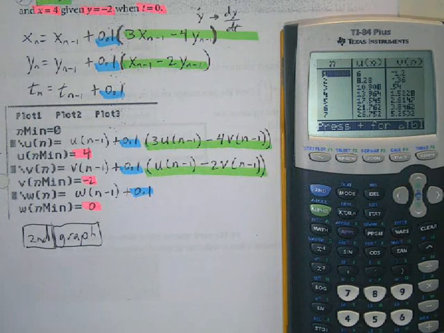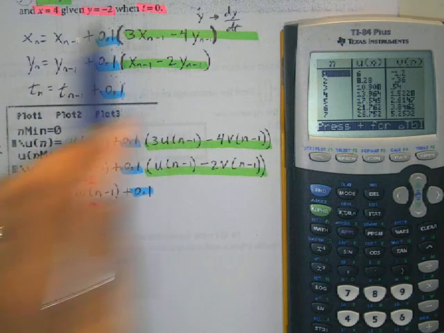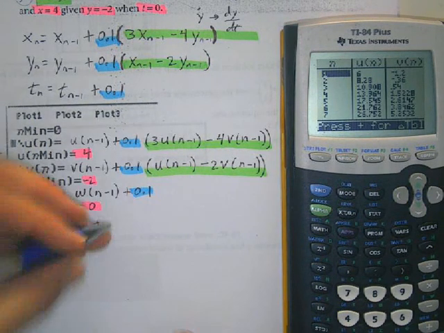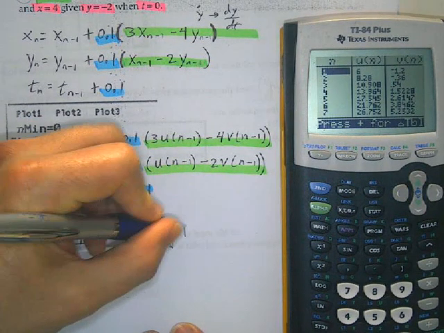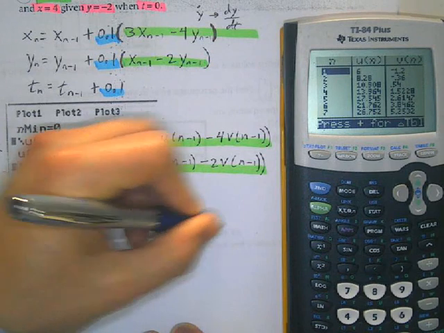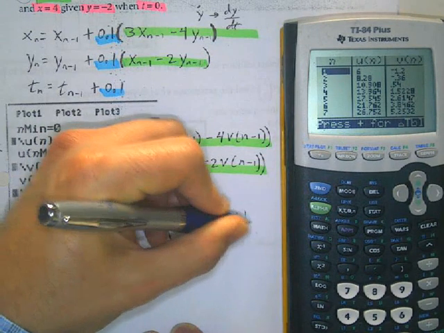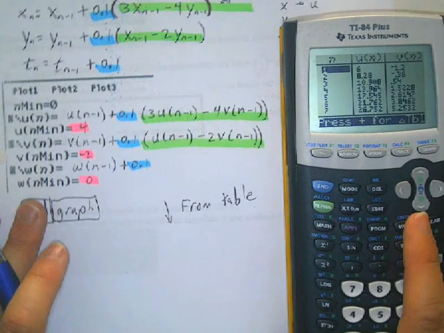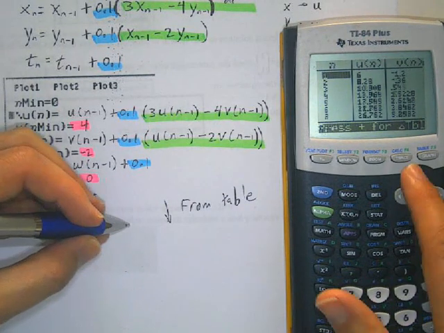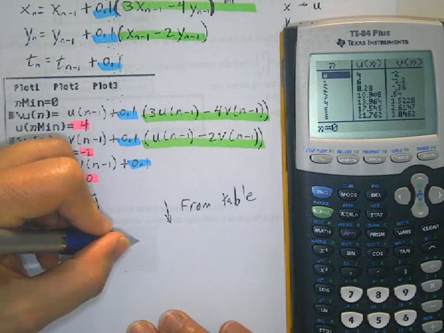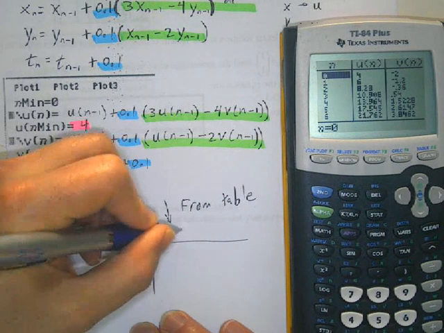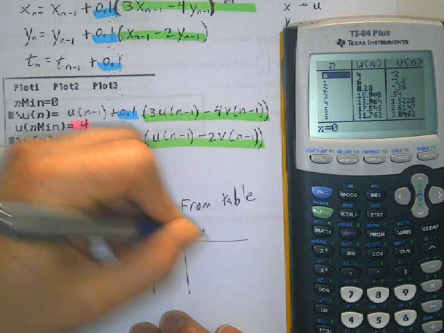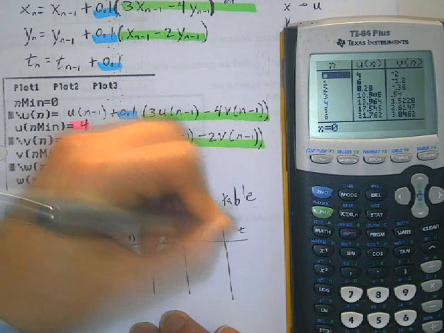So from the table, we have our value of n, x, y, and t, right?